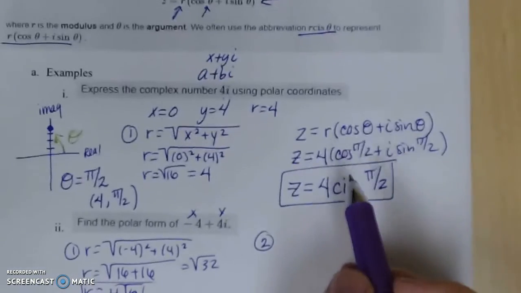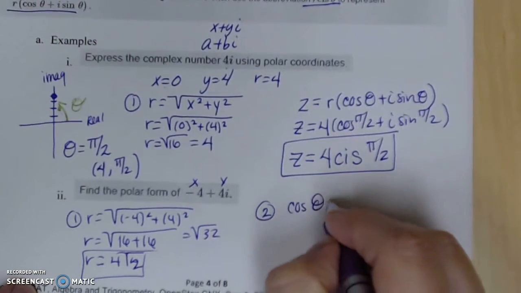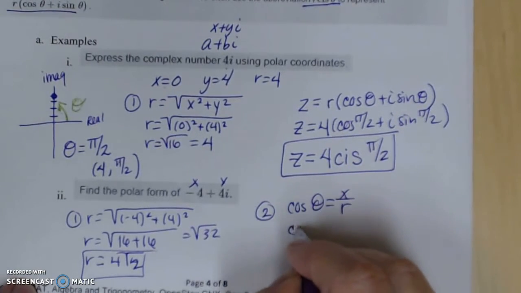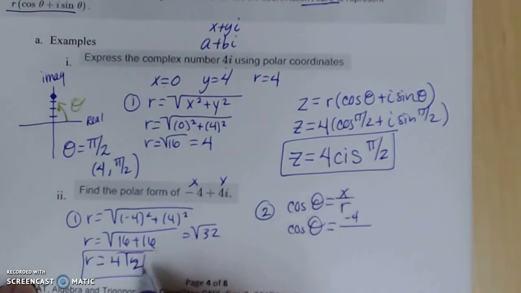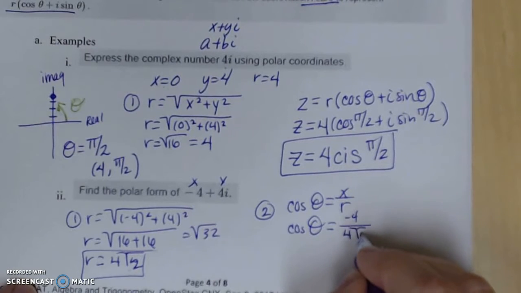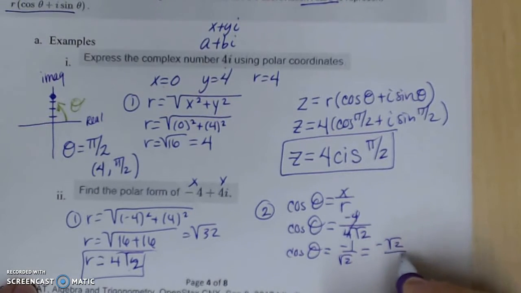So cosine theta is equal to my x, which is negative 4, over my r, which is 4 square roots of 2. So my 4's cancel. I get cosine theta equals negative 1 over square root of 2. We know this to be negative square root of 2 over 2.